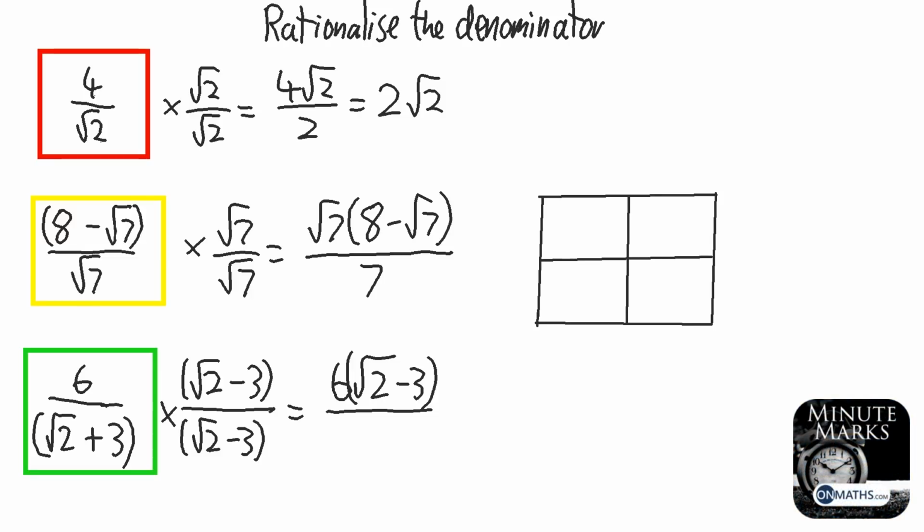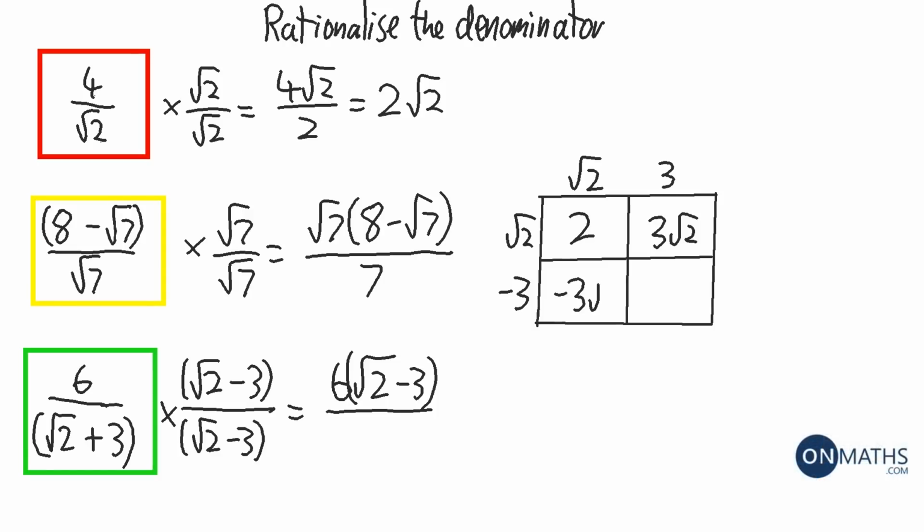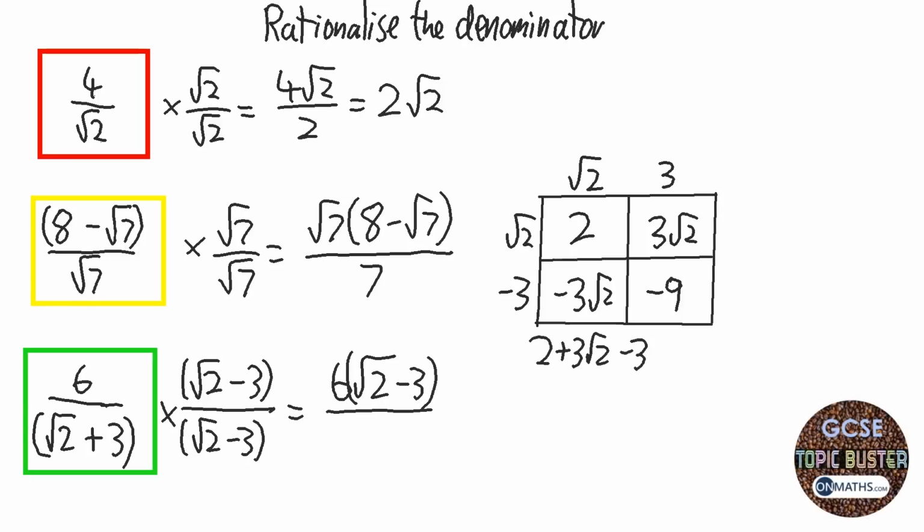Okay, so we've got root 2 plus 3 and root 2 minus 3. So root 2 times root 2 is 2. That would be 3 root 2 minus 3 root 2, and that would be minus 9. Okay, so we've got 2 plus 3 root 2 minus 3 root 2 minus 9.